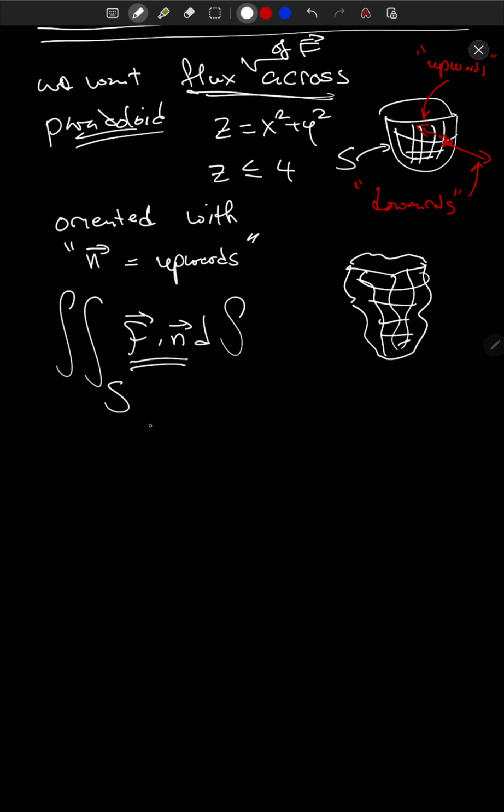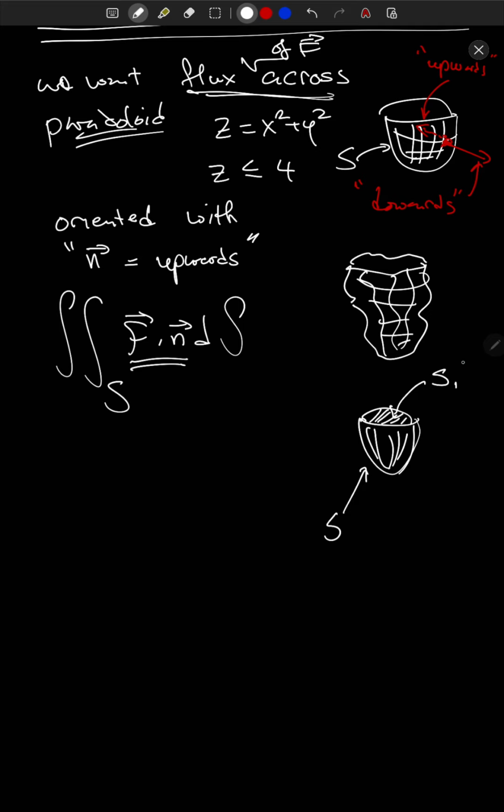So an option is to close up the surface by creating a region and creating the other part of the boundary. Here again, we only have a paraboloid. What we can do is close it up like that, right? So here we have our original S, and then now I've made up a new surface S1, okay?